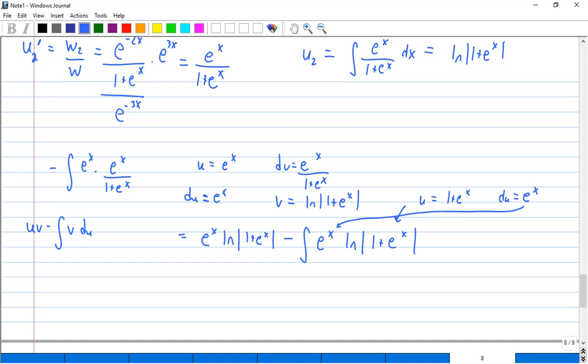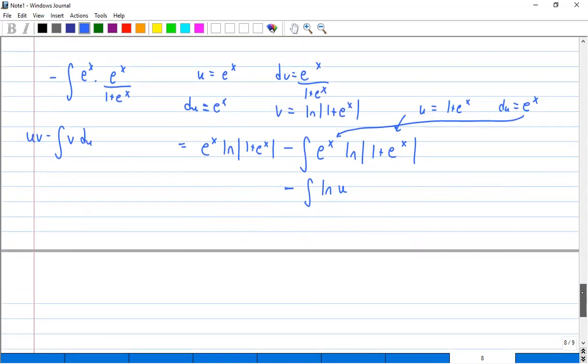If that's present, then I'm really just doing the integral of the natural log of u. And I know for a fact that I've shown y'all how to do that integral. So this is just going to be minus the integral of the natural log of u, just like the natural log of x.